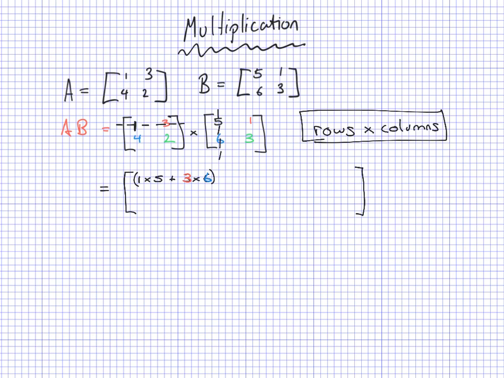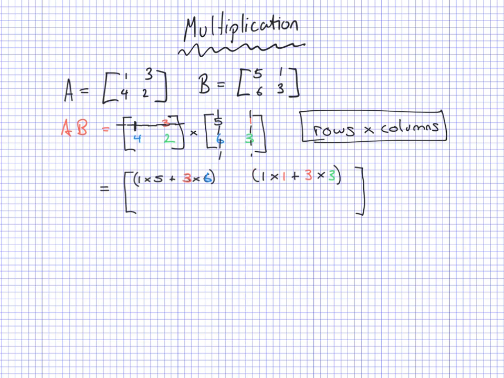The top right position is going to be the same row because it's top, but by the right column. So it's going to be 1 times the red one plus the red 3 times the green 3, the number below it. Okay, so remember it's the top row, 1 and 3, 1 and 3, by the right column, which is 1 and 3.